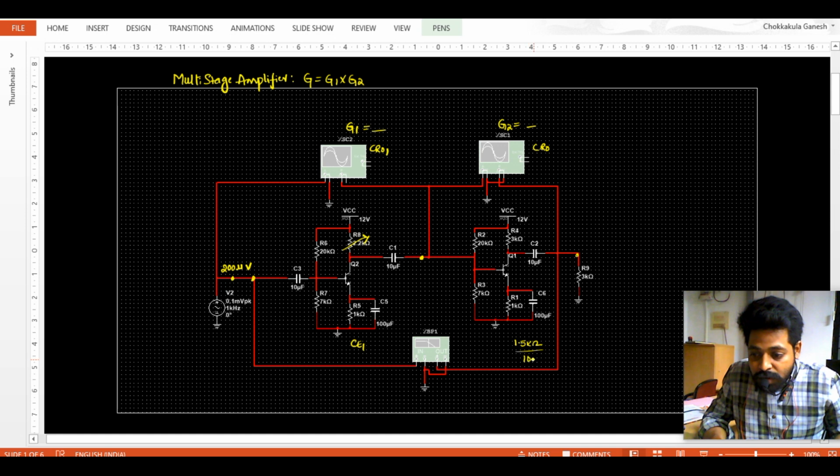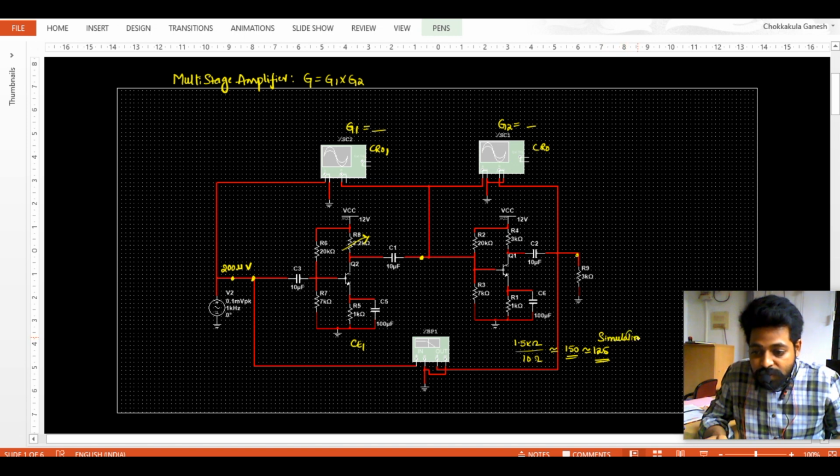It is around 10 ohms, which we designed and calculated in the first lab itself. So approximately it gives a gain of around 150. After we did the simulation, we observed that the gain for this stage is around 125.